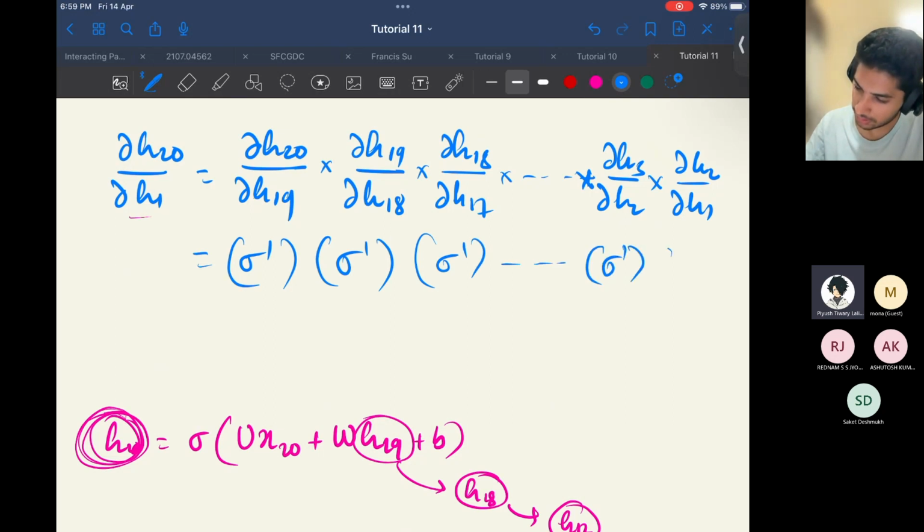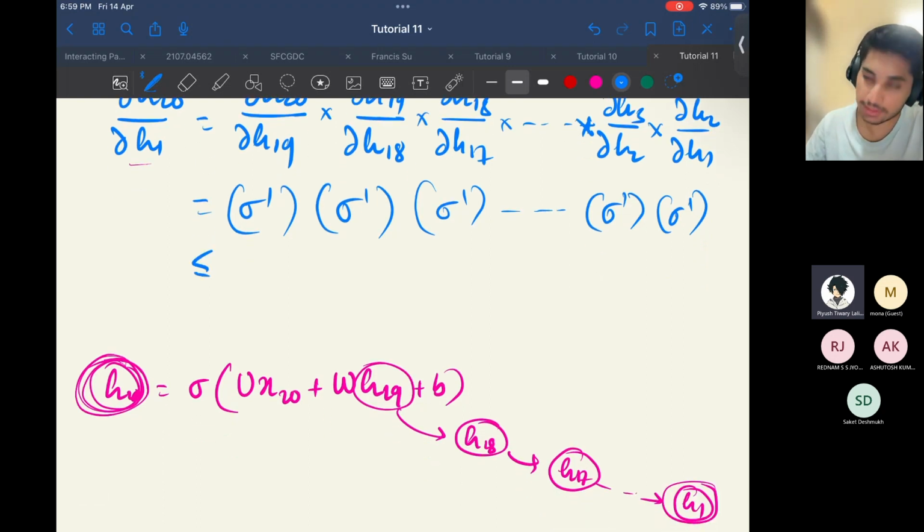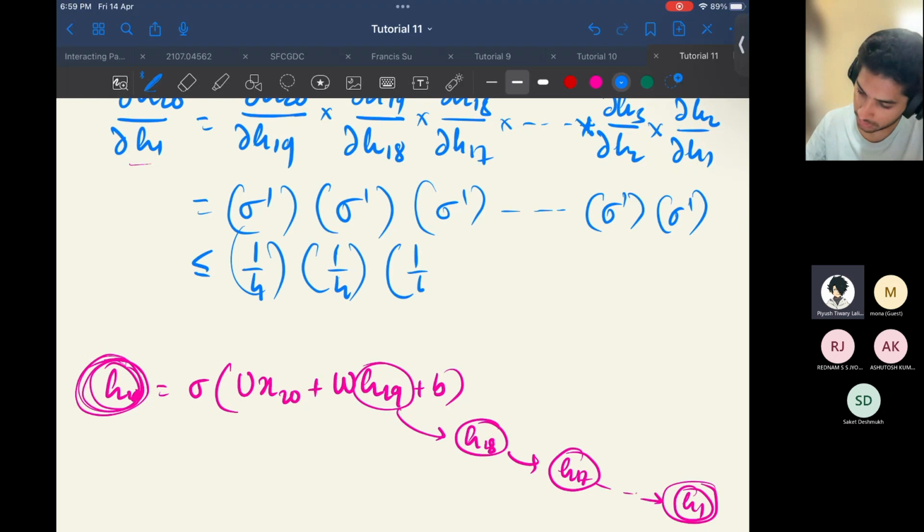Again, this will also be sigma dash. I mean, this will have some form, but eventually it is just a differentiation of logistic. And as I just discussed, each of these is upper bounded by 1 by 4. So 1 by 4 times 1 by 4 times 1 by 4.